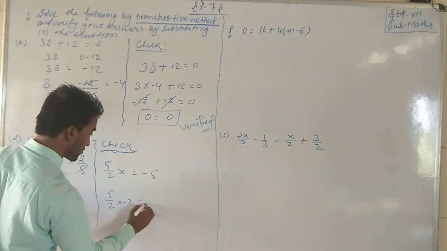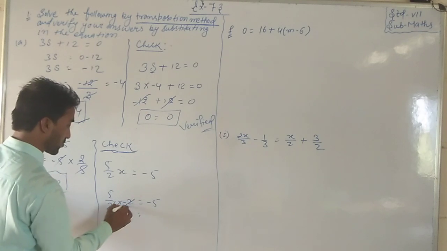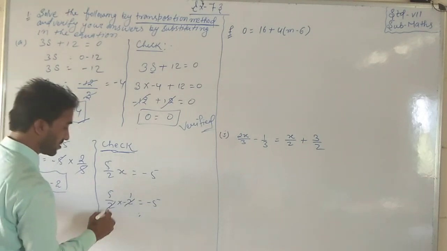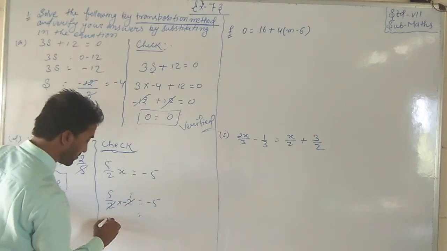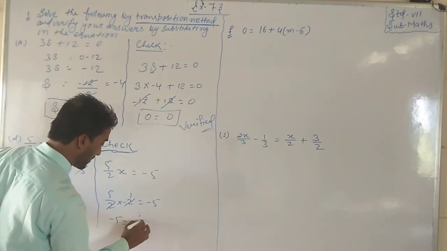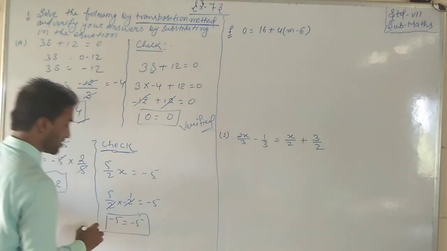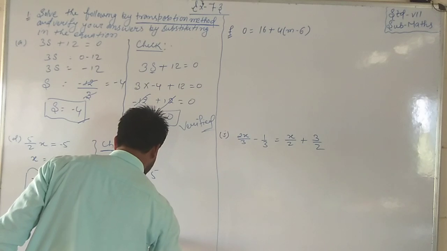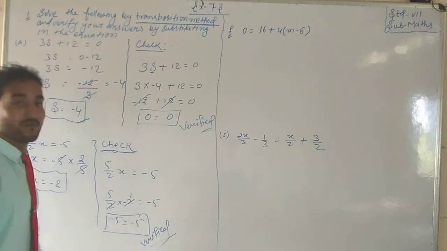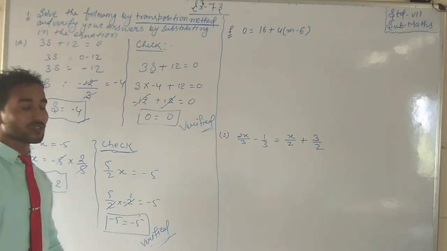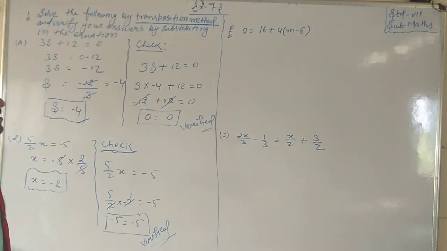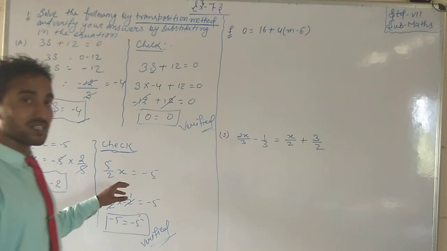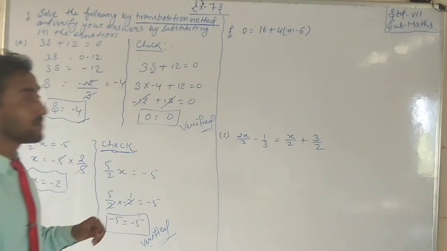So 5 by 2 into minus 2, the 2 cancels, leaving minus 1 into 5, so minus 5 is equal to minus 5. It means the equation is satisfied, that is LHS is equal to RHS. This side and this side are both equal, so we can say that the answer we have calculated is right.